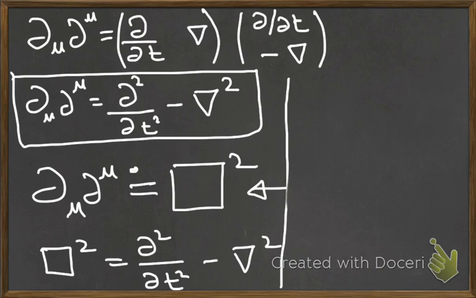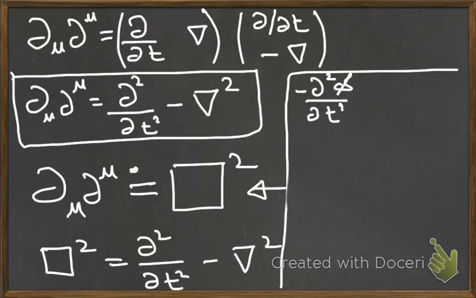Okay, now if you recall, that we had already derived our Klein-Gordon equation earlier, and it was as such: negative partial squared phi over partial t squared was equal to my m squared phi minus my Laplacian of phi, right?